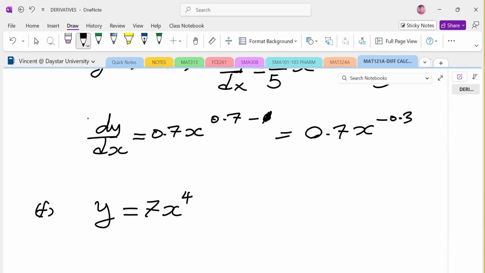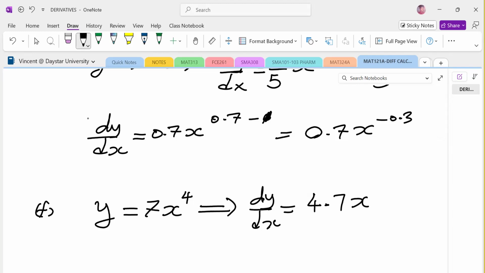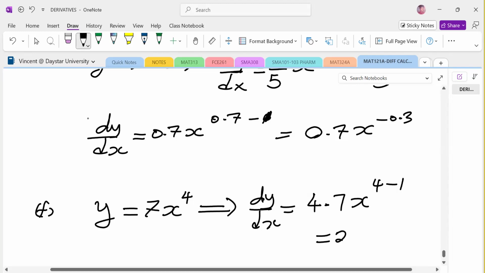So when you get the answer, you unmute and then say it. 28x cubed, correct. Because what you're going to do here, we are going to have dy dx equals to drop 4. So we'll have 4 times 7, then x power 4 minus 1. So 4 times 7 is 28, then x power 3.